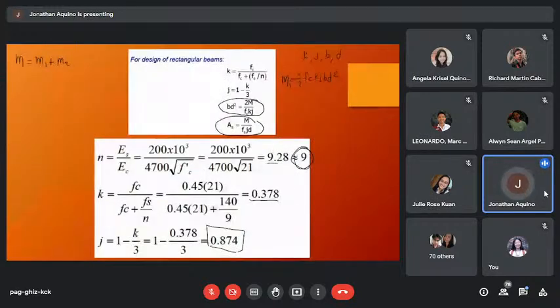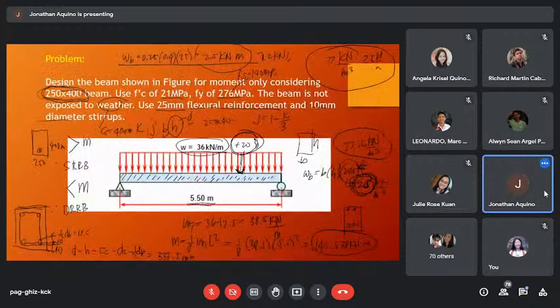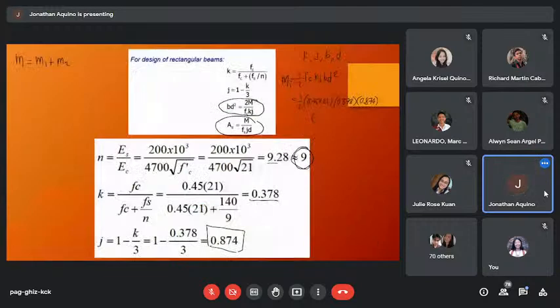So M1 is equal to 1/2 Fc, which is 0.45 times f'c of 25 megapascal, times k of 0.378 times j of 0.874 times b. So ang b natin, 250, times d.